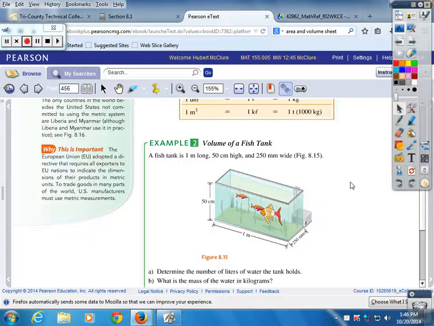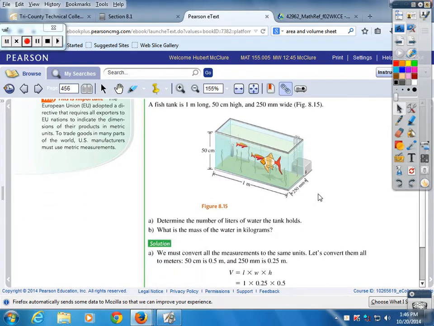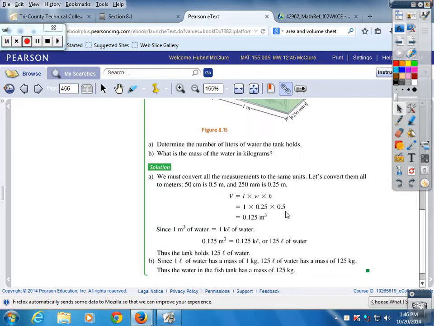Whatever the case may be. And then, once you change them all to meters, or all to centimeters, or all to millimeters, then you can multiply them together. And there they are. I said 0.25 and 0.5, so that's how you do it.